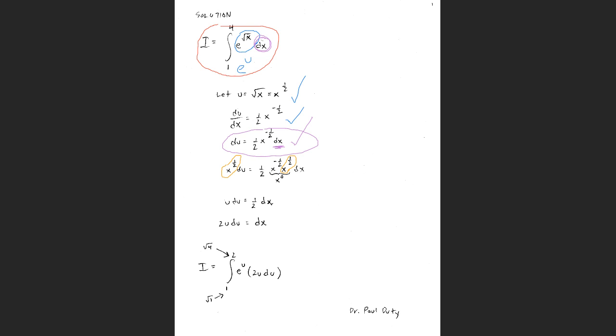Well, x to the negative half times x to the positive half is x to the 0th power. What does x to the 0th power equal, class? 1. So that gets me the dx alone. That's right. Excellent participation, everybody. This is great.